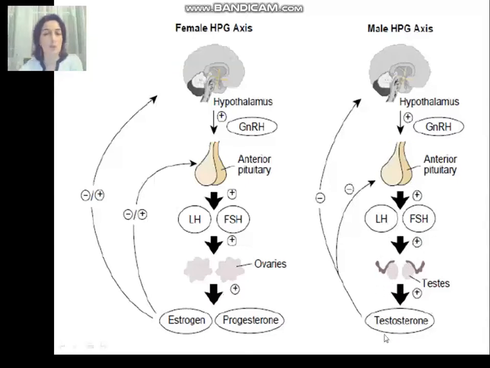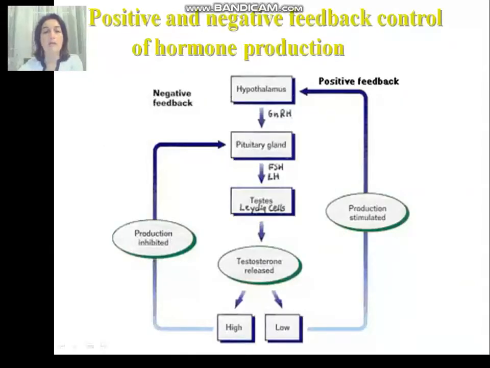If testosterone is produced in enough amount, the gonadotropin releasing hormone will be decreased, so it will have a negative impact on the production of this hormone. But in the other case, we will have positive feedback. So we have positive and negative feedback control mechanisms for hormone production.